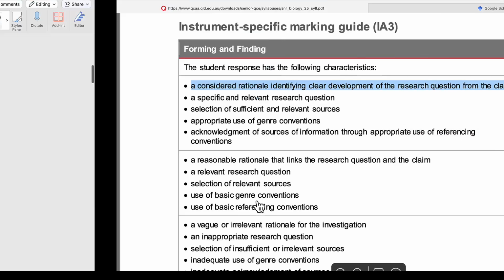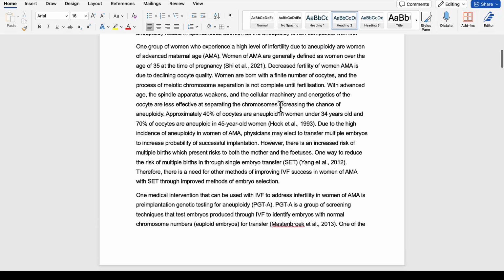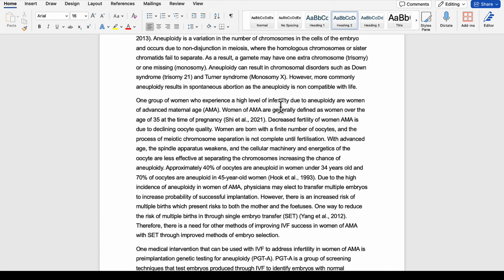Now, let's go back here for a moment, because it also says you need to have a selection of sufficient and relevant sources. So in your rationale, you need to draw on sufficient relevant sources. Three of the sources that you're probably going to use in your rationale are the ones that you are using for the evidence.